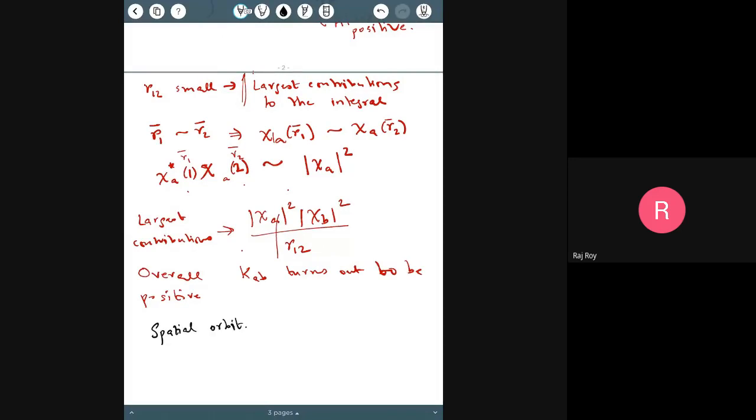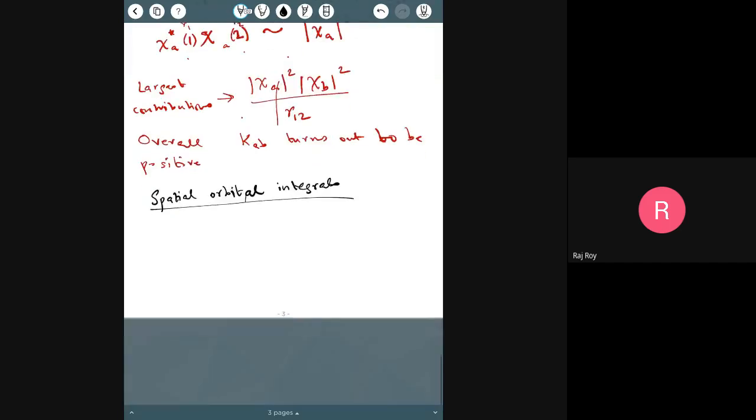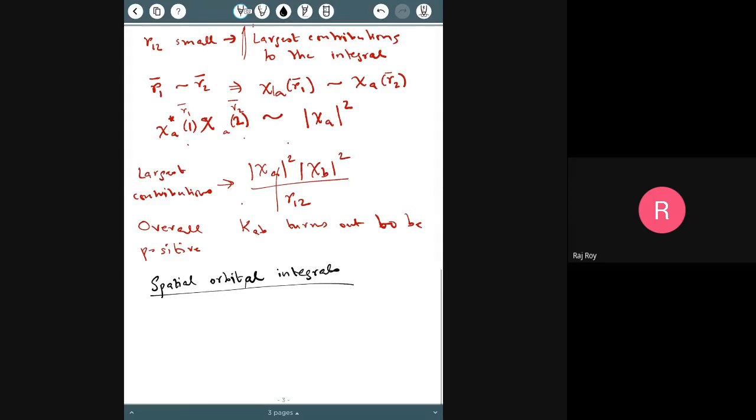Spatial orbital integrals. So let us do that. There are two types of integrals, one electron integrals and two electron integrals. Here also I think Zabu writes A and B, so I will also write A and B. In Dirac notation it is the same for the one electron integral.